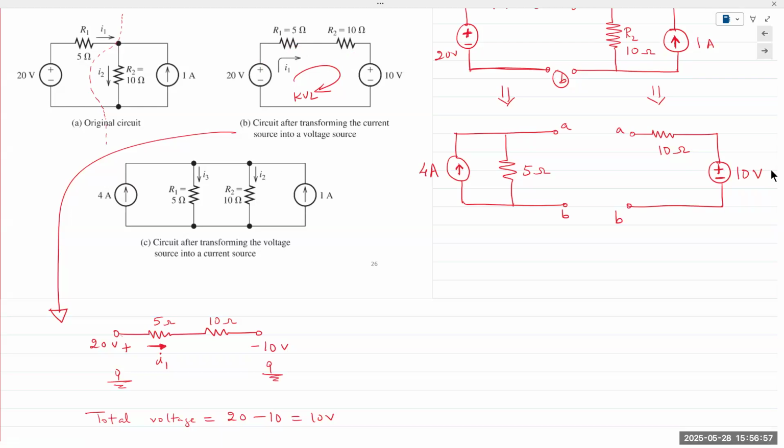So the answer for I1 is correct, but I2 is yet to be determined. And so we can transform the left side into a current source and obtain this circuit.